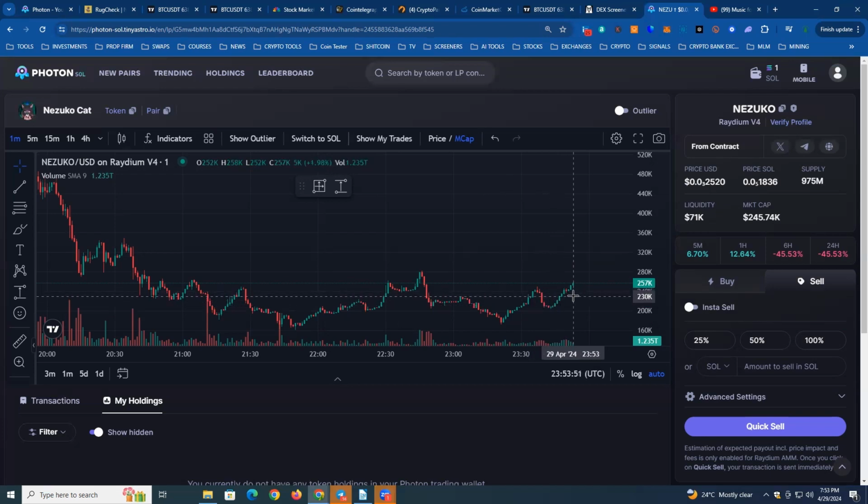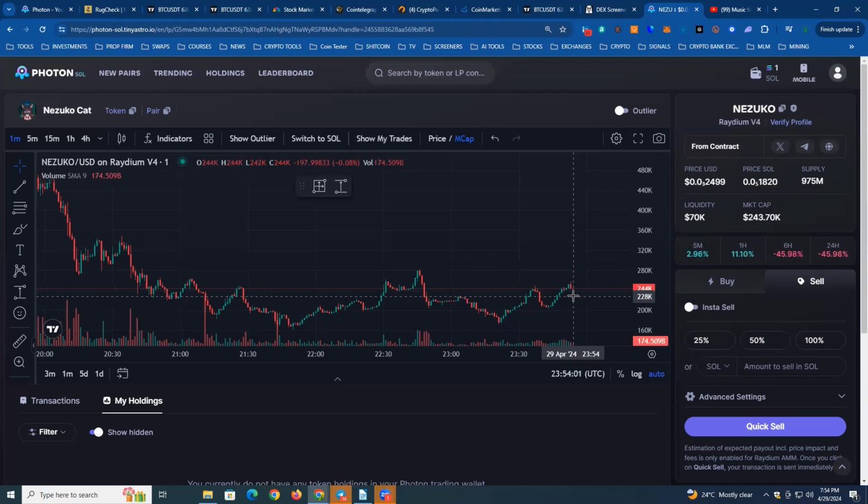The thing about it is, ladies and gentlemen, especially to my Bahamian brothers and sisters, you have to take profit along the way because in this particular market, the price action can turn against you rather quickly. And you want to be in a position where you catch that first bounce or second bounce.